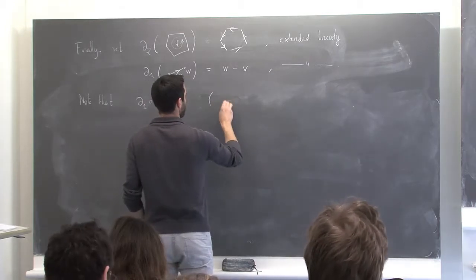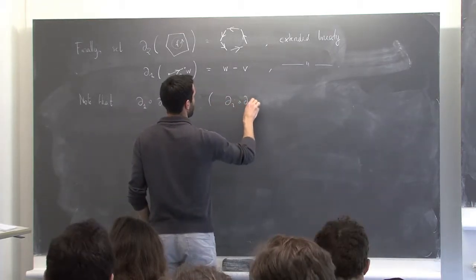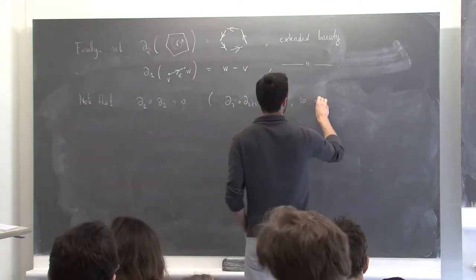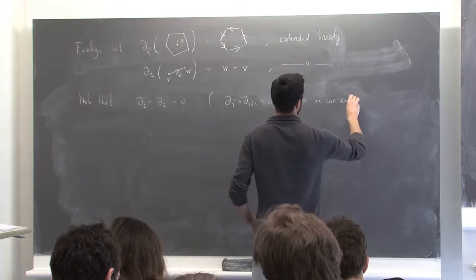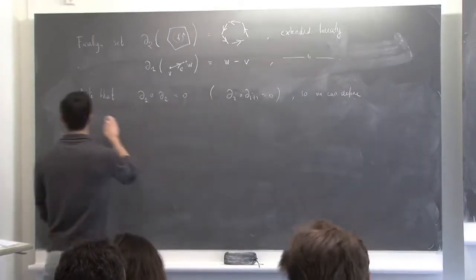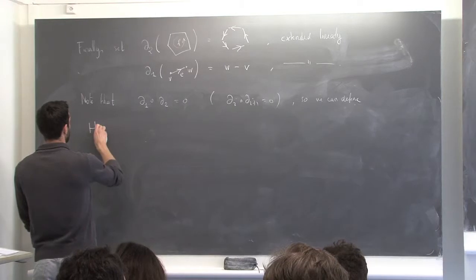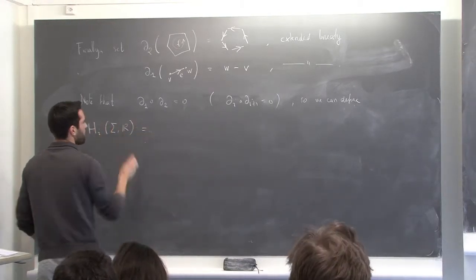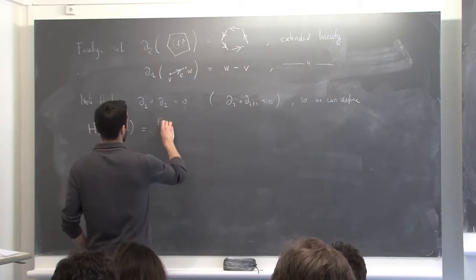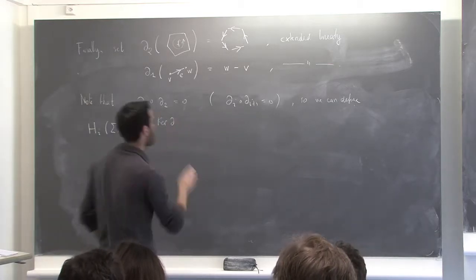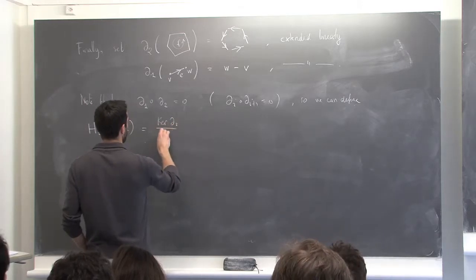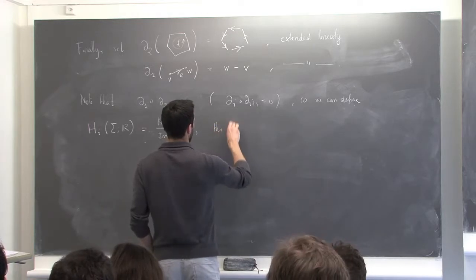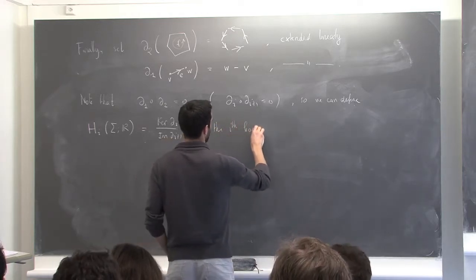And actually, if you take any DI, because DI plus 1 is equal to 0, the other ones are trivial. So we can define HI of sigma with real coefficients as the kernel of delta I over the image of delta I plus 1. And this is the ith homology space or group.